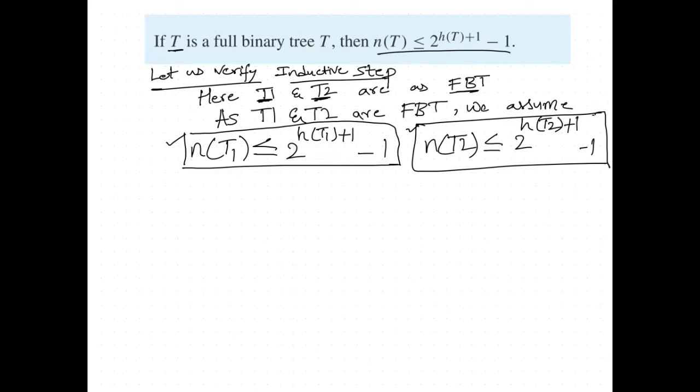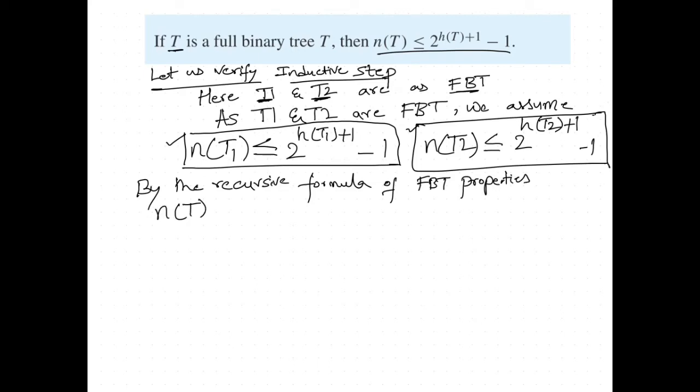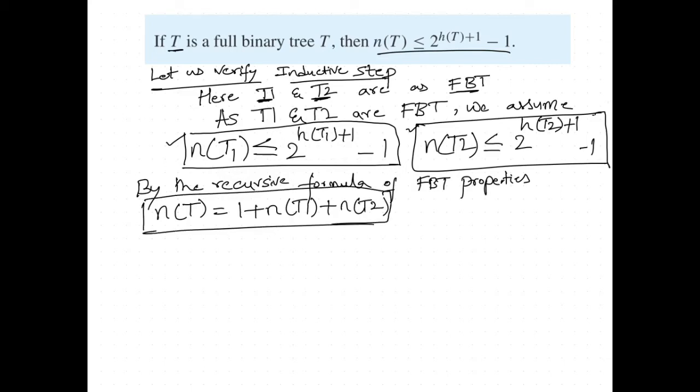Now, by the recursive formula of full binary tree properties, n of t is equal to 1 plus n of t1 plus n of t2. This is a result we know. If you don't know this result, please watch the recursive definition of full binary trees video and then come back to this video.